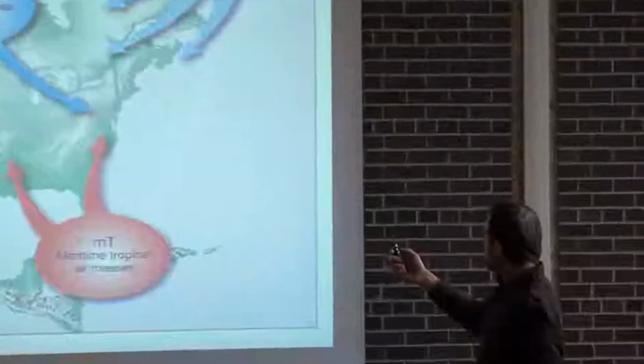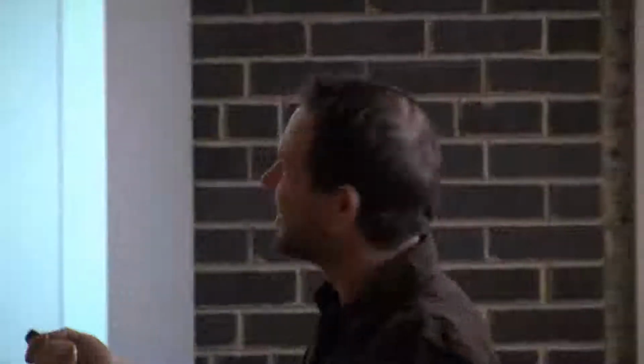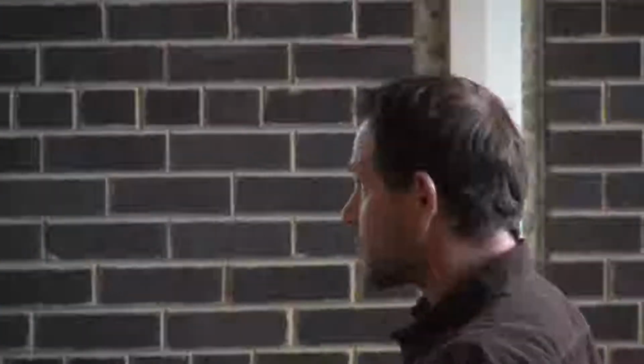The other main important one here is, is this my pointer? Yay, I do have a laser pointer, all right. Is this continental polar air mass I've been talking about. That is our Canadian and Rockies air mass. Again, much cooler, far less humidity in the air. And it's these starkly contrasting air masses when they come together that provide us with the severe weather that we get so frequently.